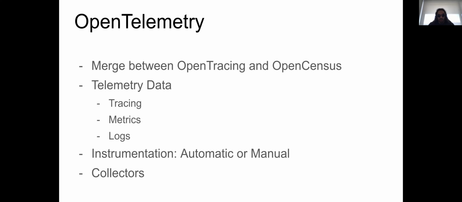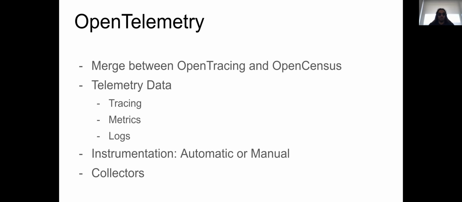Now, on the OpenTelemetry front, there is this concept we call instrumentation. It can be automatic or manual. The idea with instrumentation is either OpenTelemetry looks into your application and tries to create the spans at particular points in your code, and it's going to do that automatically.